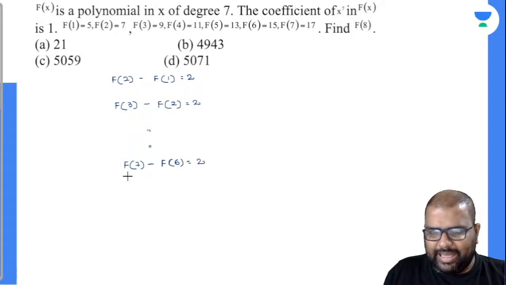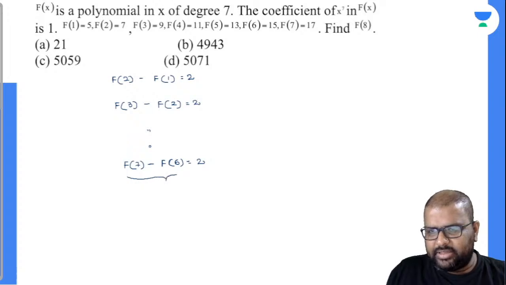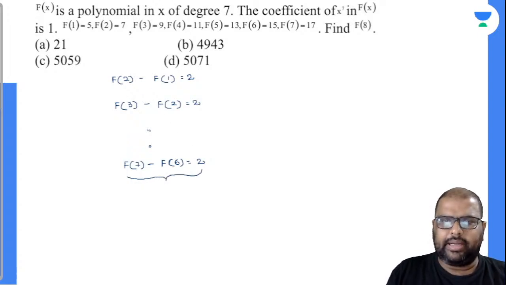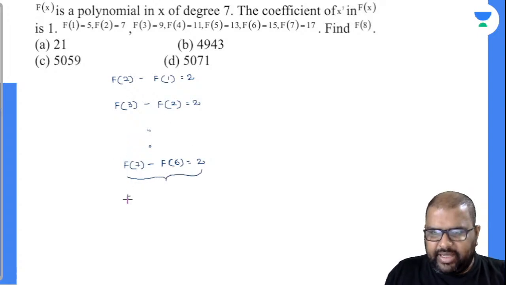So finally, can I write down a general equation here? Observe it. f of x plus 1 minus f of x is equal to 2.